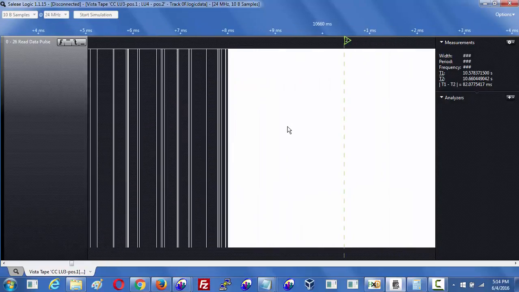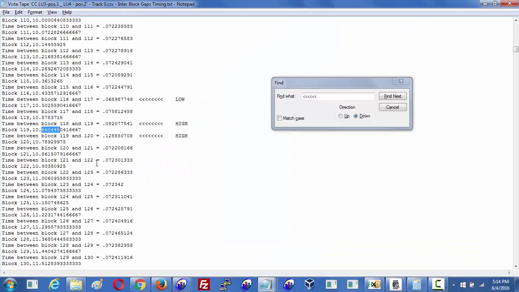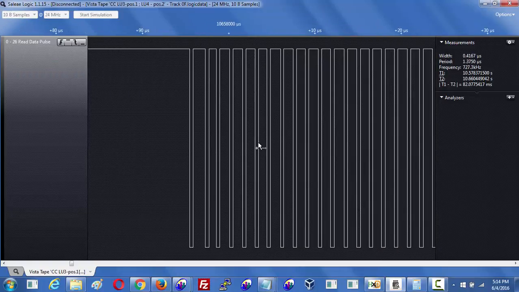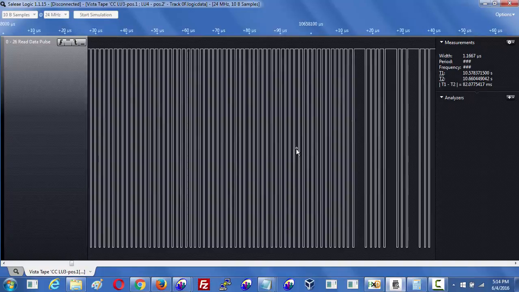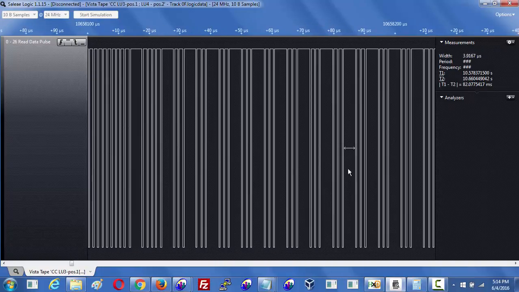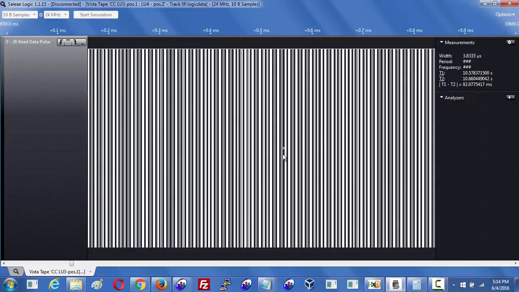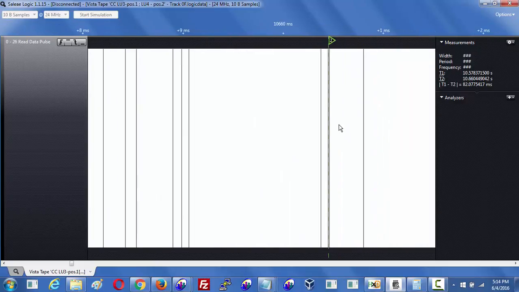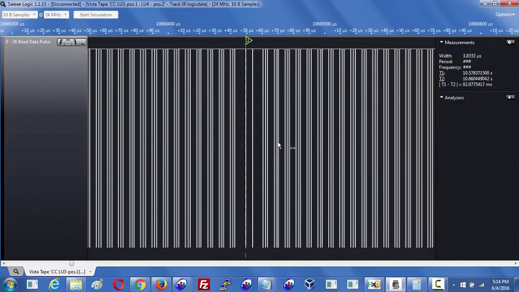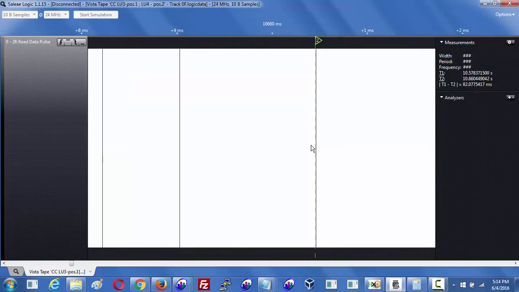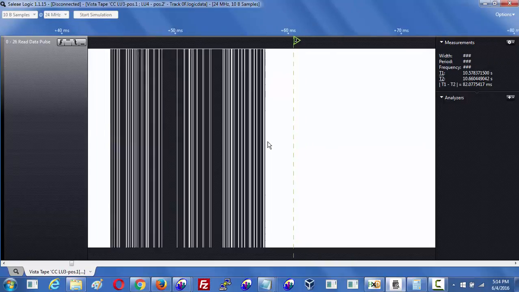Whether this is a real valid block or not, I don't know. But the block that I'm counting as block 119 clearly starts right here. That's a nice preamble and data block marker, and there's the data. The block ends prematurely, which is right here. We have a data dropout, a gap that's too wide, so the block ends prematurely.